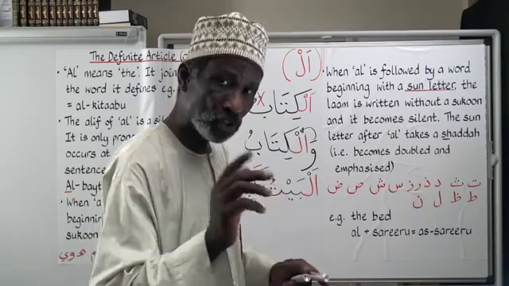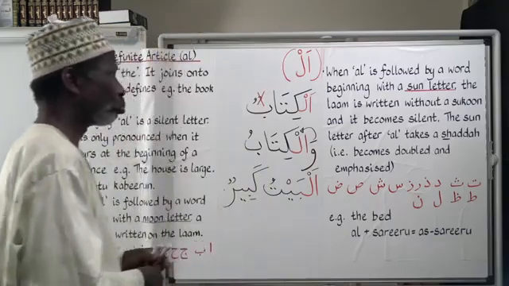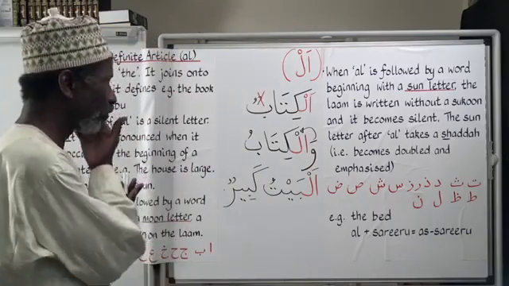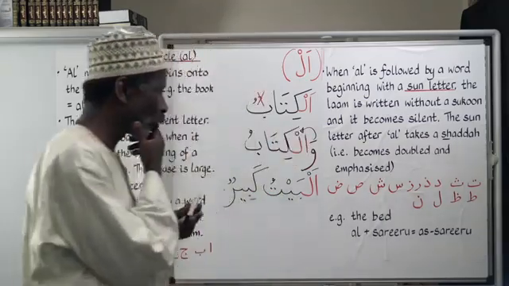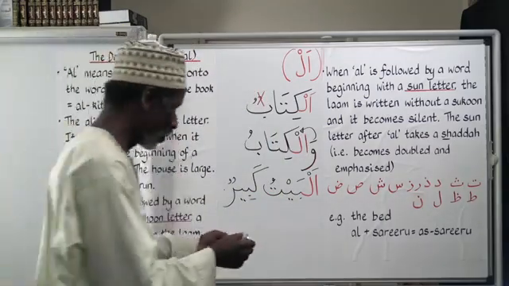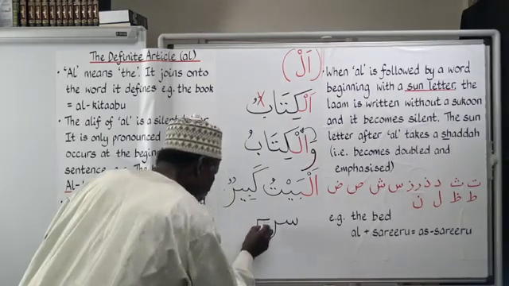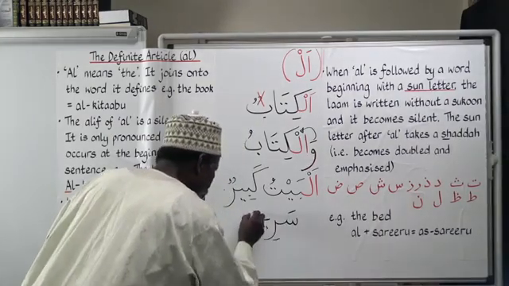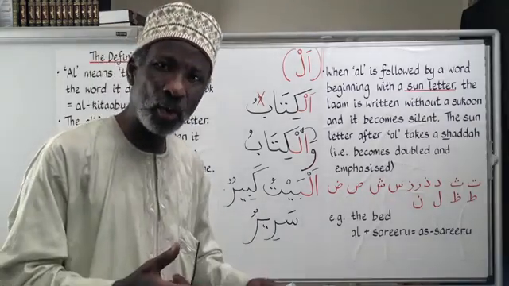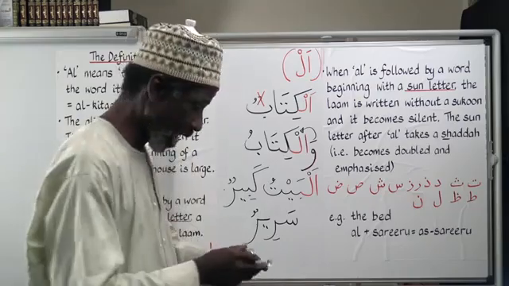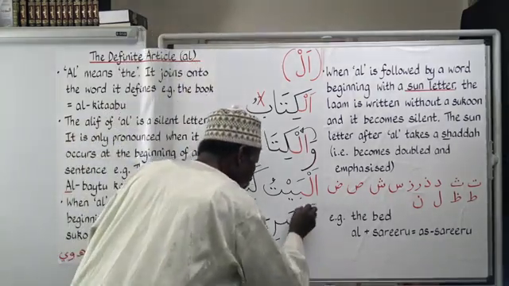That will be suppressed. Let's give an example with a sun letter. Bed, serirun. That means a bed. If I want to say the bed, as-seriru, I will put al there.